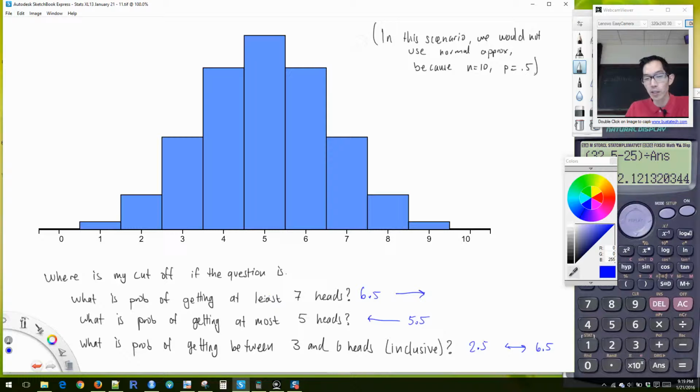What is the probability that at least 70% of the flips are heads? That's the same question as the probability of getting at least 7 heads. The answers would be exactly the same. They've just been asked in a different way, because 70% of 10 is 7 heads.